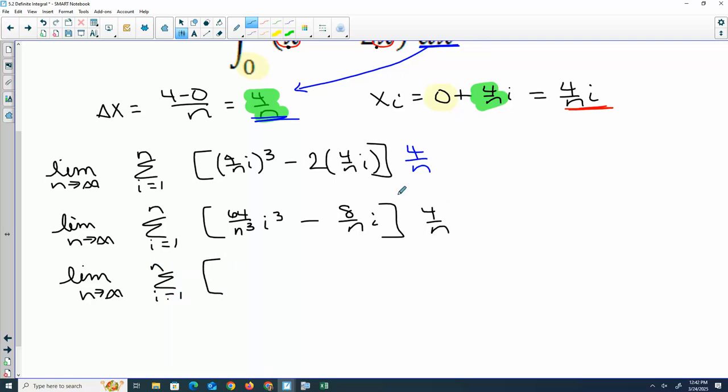So now if I distribute my 4 over n, 64 times 4 is what? 256 over n cubed times n. Minus 8 times 4, 32 over n squared i.